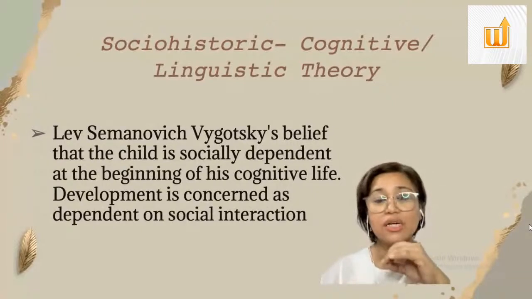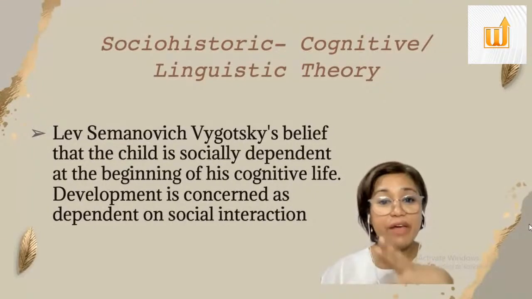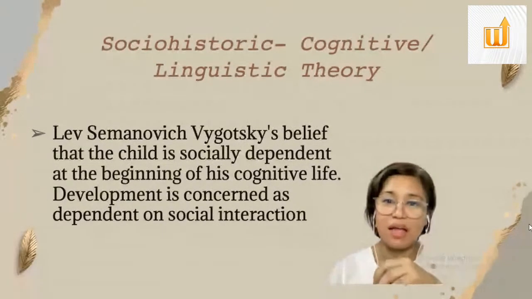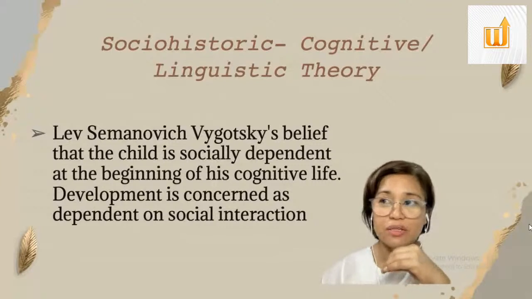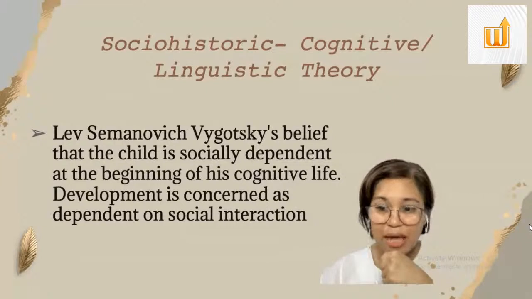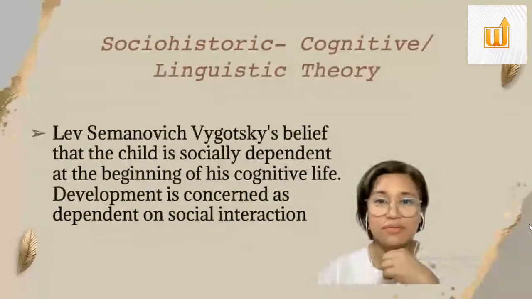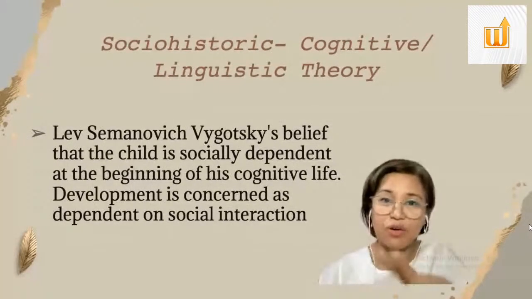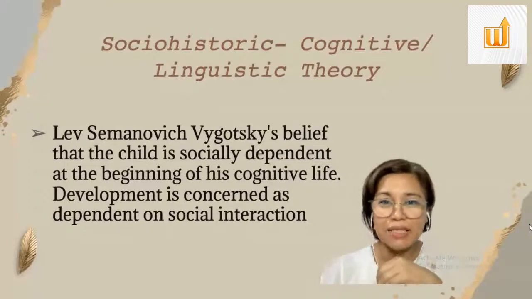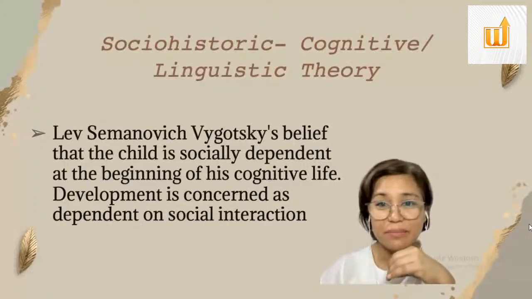The children are socially dependent to the people around them, and development is concerned as dependent on social interaction. That's why I have heard about the story of the child of Aveyron, no, who was found in a forest and had not been interacting with any person at all, and was affected by that loss of interaction.